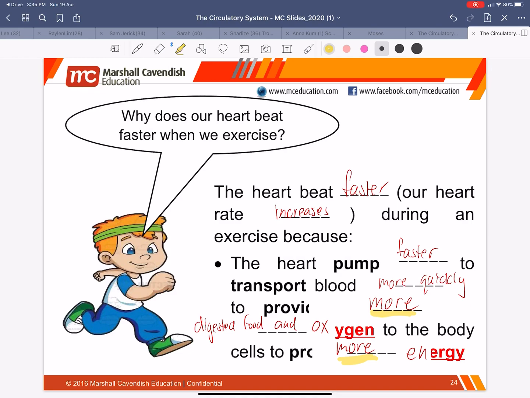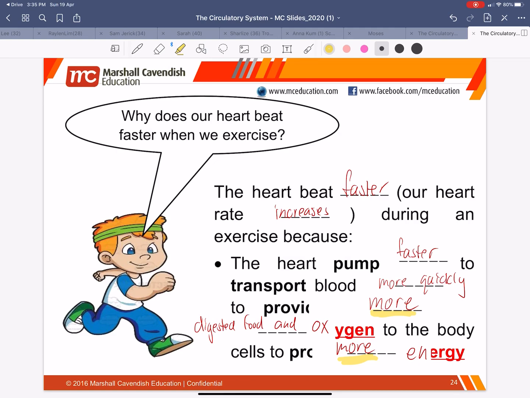Oxygen and digested food substances are still being transported to your cells. Alright? But during an exercise, these substances are being transported at a faster rate so that more amount of them can reach your body to produce more energy.